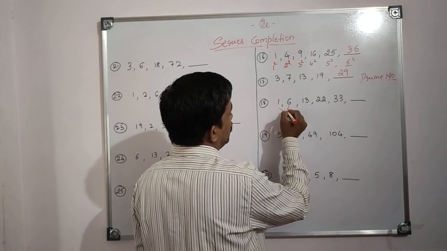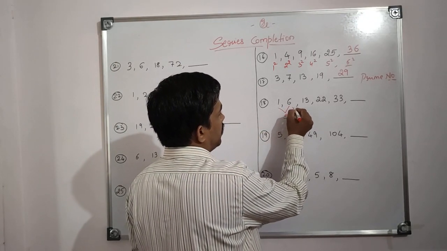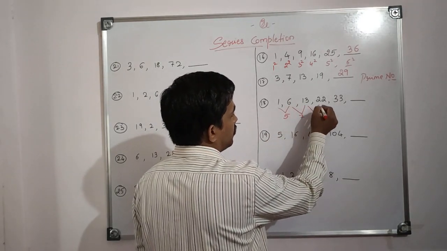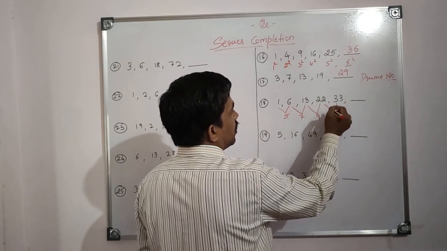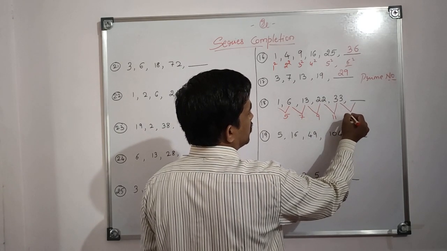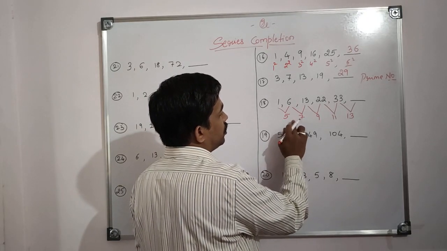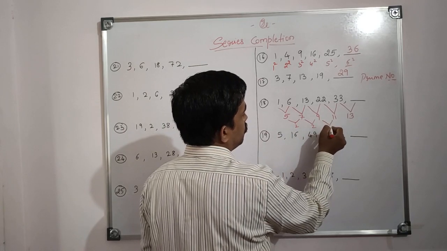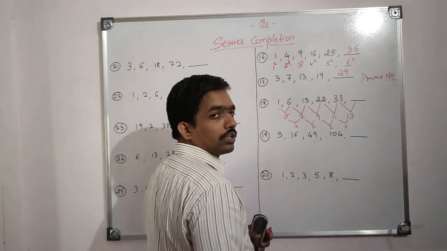So the difference of these two, 6 minus 1, is 5, and 13 minus 6 is 7, 22 minus 13 is 9, and 33 minus 22 is 11, and the next difference should be 13 because the difference between these differences is 2. 2, 2, 2 and 2.